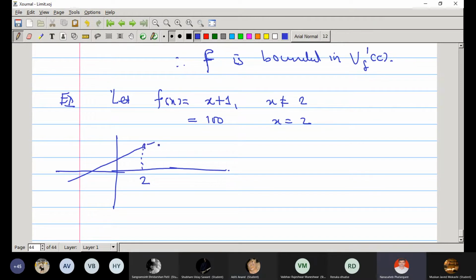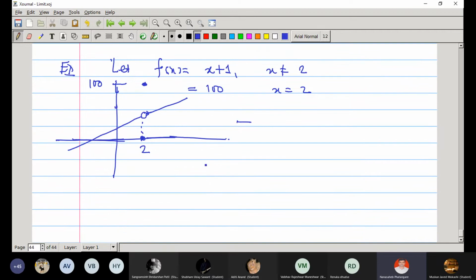Except at 2, it is x plus 1, and at 2 the value of the function is 100. So this graph has a break at this point, a small hole, a small cut at this point, because up to 2 it is the same as x plus 1 and after 2 also. So from the left side of 2 and from the right side of 2 it is x plus 1, and there is a small cut at 2 where the value is 100.